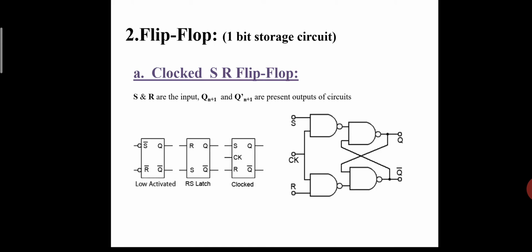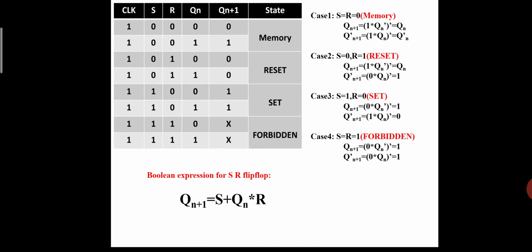In this example we can give low active inputs, which are nothing but negative triggered inputs, as opposed to positive triggered inputs for the SR latch. The clocked SR flip-flop block diagram is represented with one CK signal, nothing but the clock, S is one input and R is another input. Q and Q bar are the two outputs of the SR flip-flop. So a total of 4 NAND gates are used to implement the clocked SR flip-flop with one clock signal.